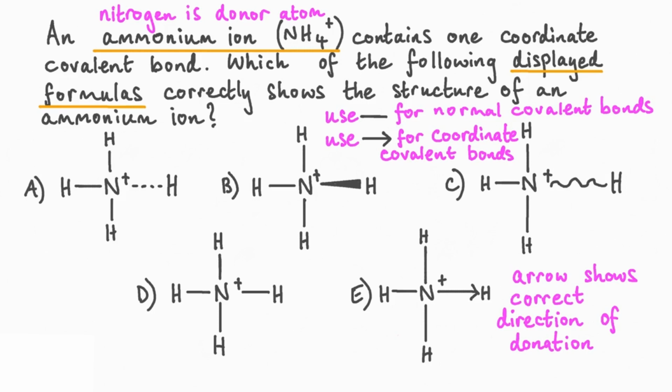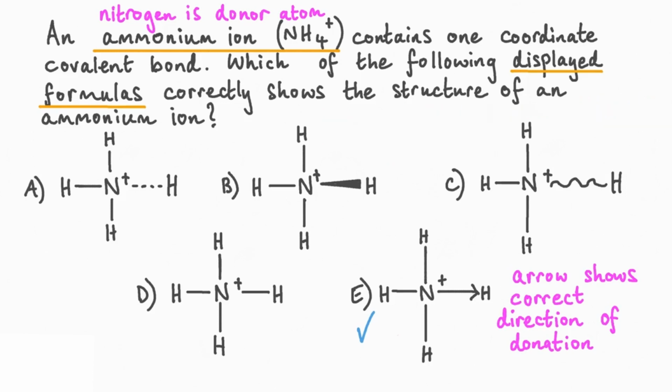Remember that the nitrogen atom is the donor atom and the hydrogen atom is the acceptor atom in this bond. The only structure here that is using the correct notation for a displayed formula is structure E. It's the correct answer. Let's see why the other answers are not correct.